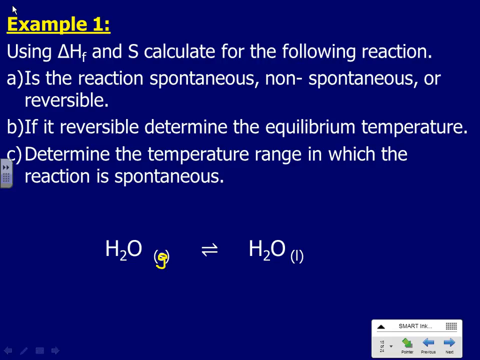Notice, it's not spontaneous in terms of entropy. If T is big, then this term dominates. And because my reaction is non-spontaneous with entropy, this reaction will be non-spontaneous at big T, at T greater than that temperature.